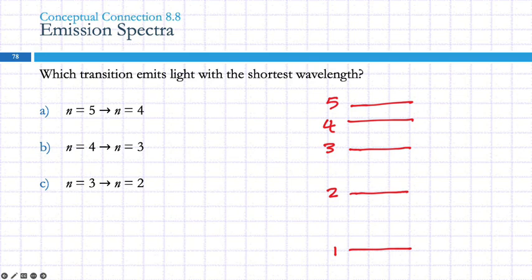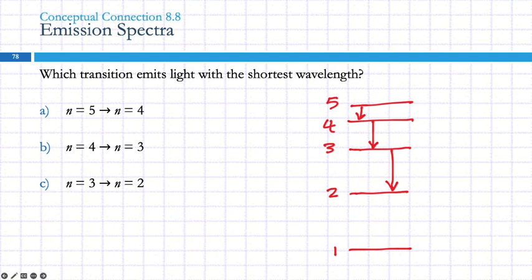So we're talking about 5 going to 4, 4 going to 3, or 3 going to 2. Which one of these has the smallest energy? This one, right? Those are the closest in energy compared to these other ones, because 1 to 2 is a bigger energy change than 2 to 3. And as you go up, they get closer and closer together. So this is a small energy change, and this is the biggest energy change.